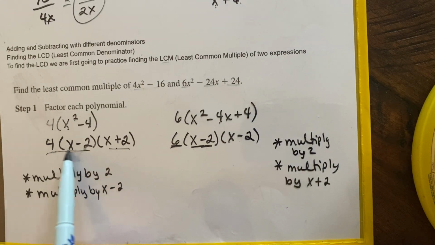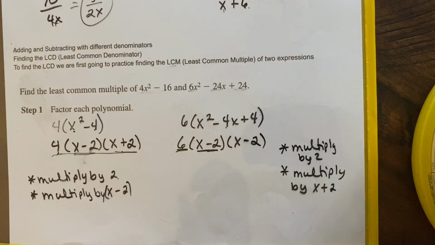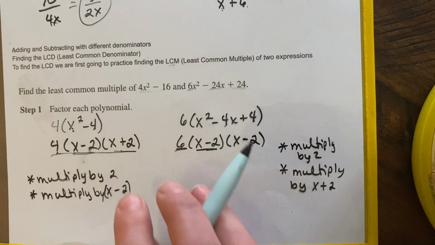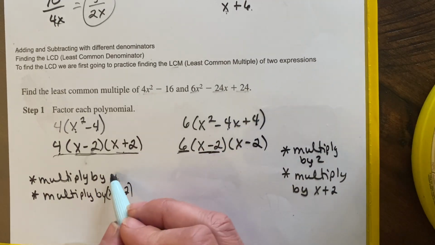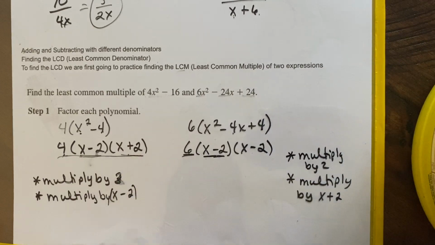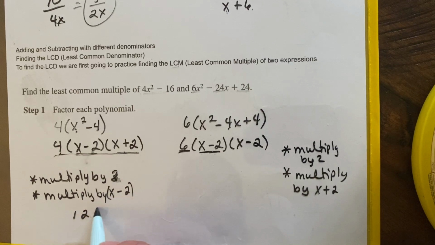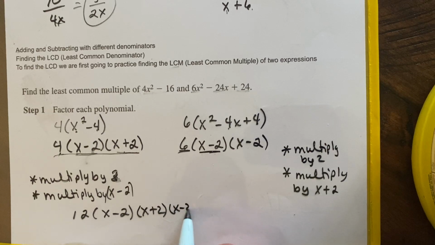So we're going to take our factored form, we're going to multiply by 3 for the 4, and I'm going to add an extra factor. So, sorry, I meant to make that a 3. I apologize, because that doesn't make it 12. 4 times 3 gives us 12. And then we'll have an x minus 2, x plus 2, x minus 2.